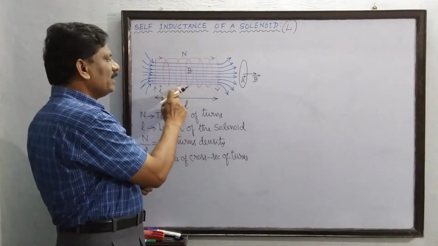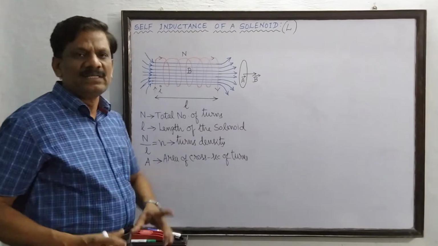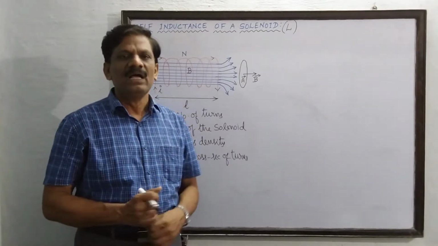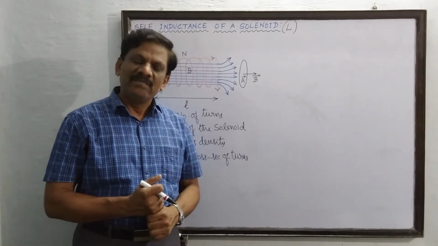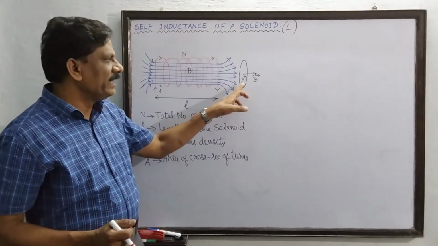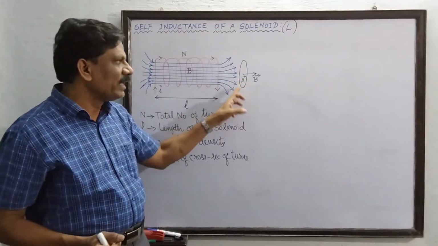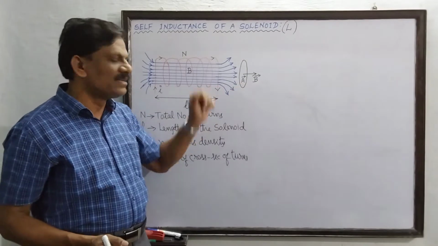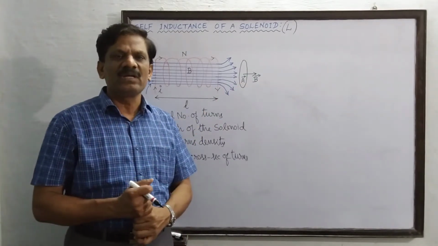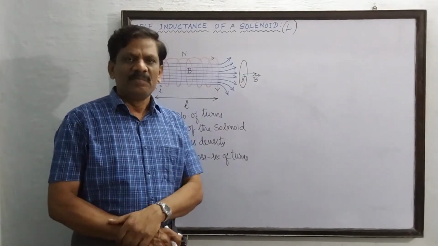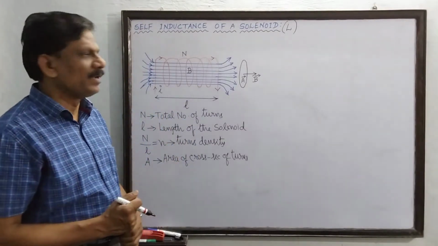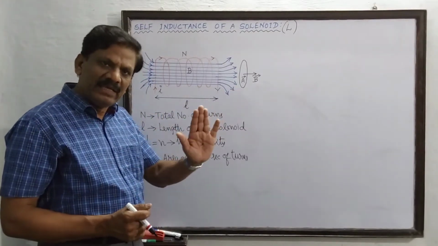The area of each circular turn is associated with the magnetic field, and hence area is also a vector. That is denoted by A. A is the area of the circular turn. Since it is a vector, how will you find the direction of the area vector? By drawing a unit vector perpendicular to the plane area.